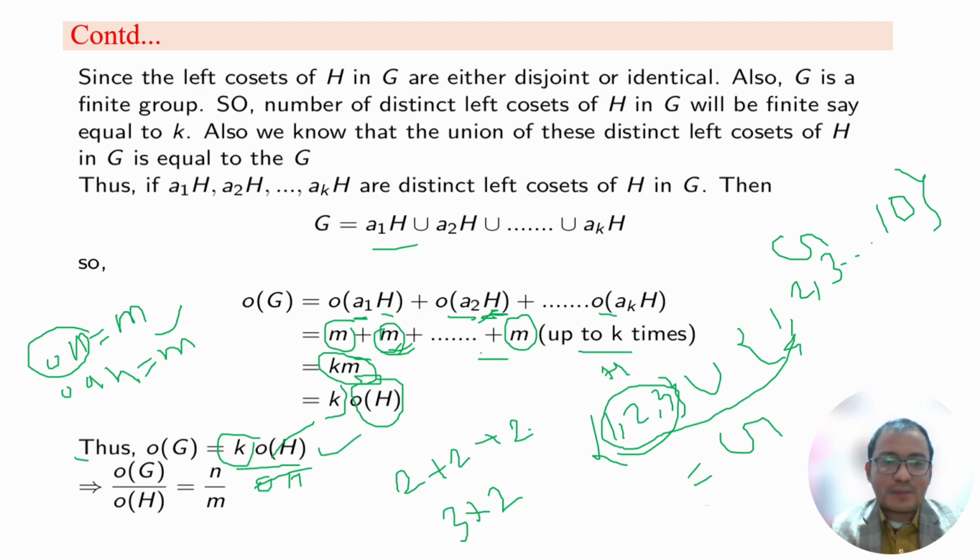It means we came to know that the order of G divided by the order of S, where n is the order of G and m is the order of S, these are divisible each other. So I think it became clear, I hope I made you understand. Thank you very much.